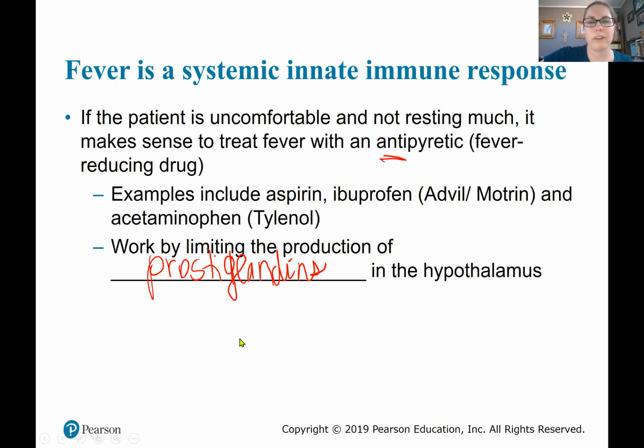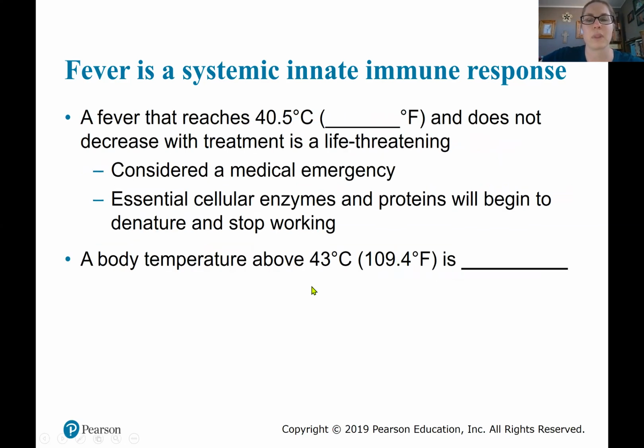Okay, or if a patient has a high fever, that is a serious situation. So if a fever reaches 105 and can't be brought down, that can be life-threatening, and it's an emergency, because remember we talked about enzymes, and remember that bell-shaped curve?